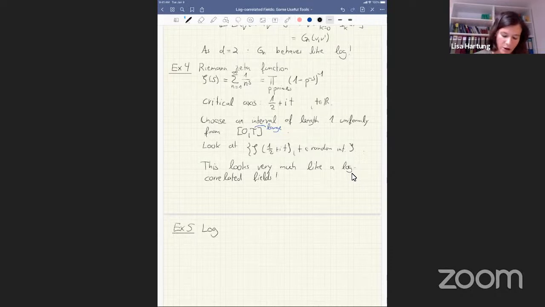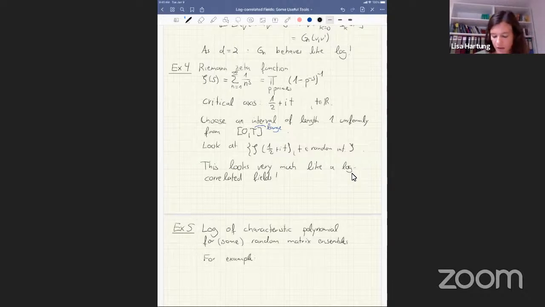If you look at the log of the characteristic polynomial, and this is true for a certain class of random matrix ensembles, for example the CUE, then this looks like a log correlated field.